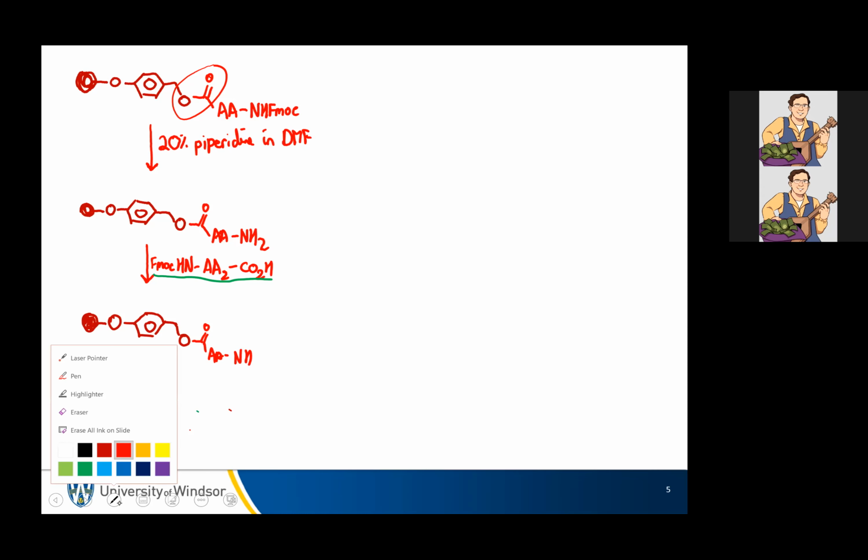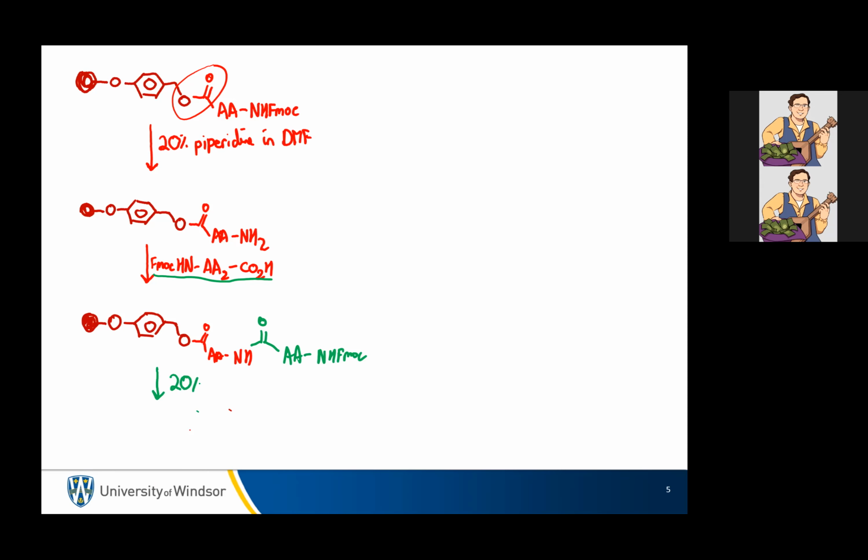So we couple it to the next amino acid. And we have another Fmoc. And then we can deprotect, with 20% piperidine in DMF.